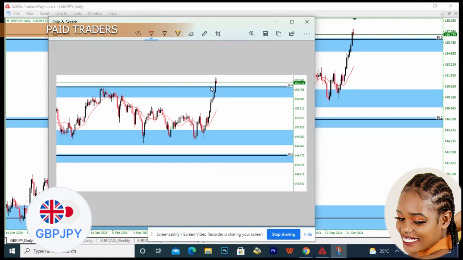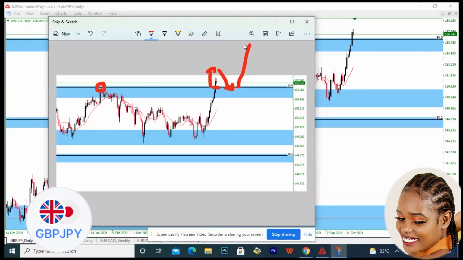Let's increase this size so you see it well. So this is how it was. This supply here, it got broken by this candlestick here, not any Friday last week. So when it got broken like that, we as traders, because we see that this is the new demand, if we're aggressive enough, we'll put our buy stops there so that the market comes low, activates us, and we continue buying.